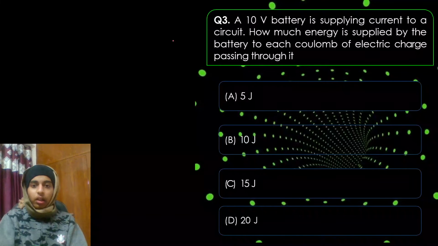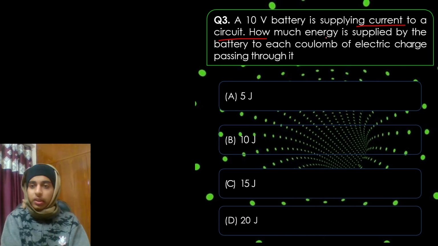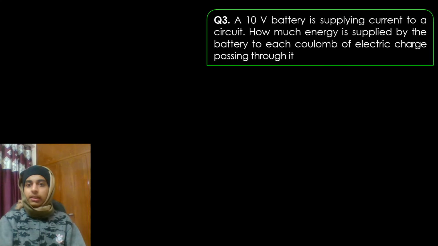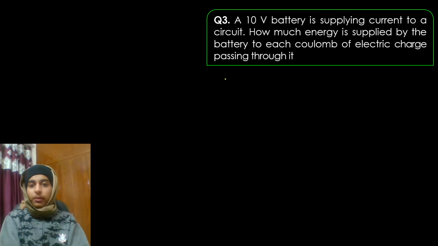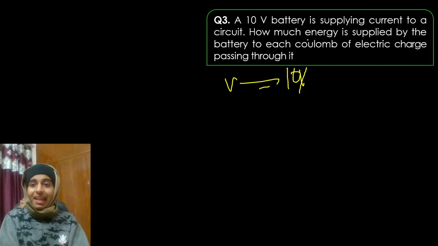Now a question for you: a 10 volt battery is supplying current to a circuit. How much energy is supplied by the battery to each coulomb of electric charge passing through it? Let's try to understand what the question is saying. A 10 volt battery, so the potential difference is given to me as 10 volt. Did you write it down? How much energy?